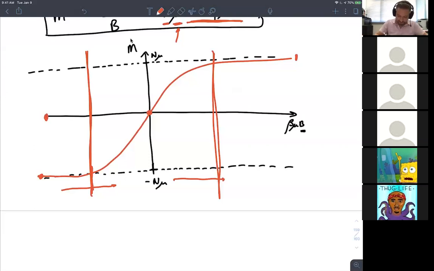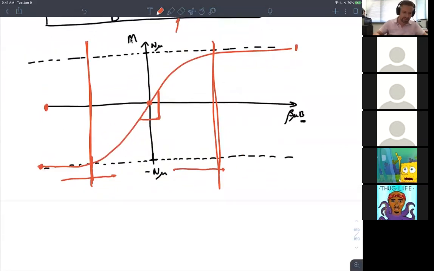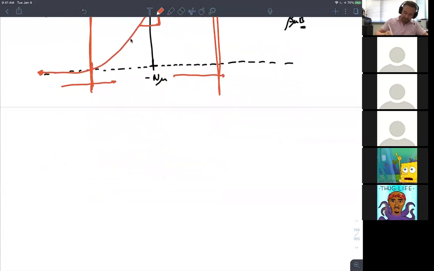Okay, so if we just calculate the slope of this function, we take the magnetization and then take the derivative with respect to, I believe the way this is defined, mu b.